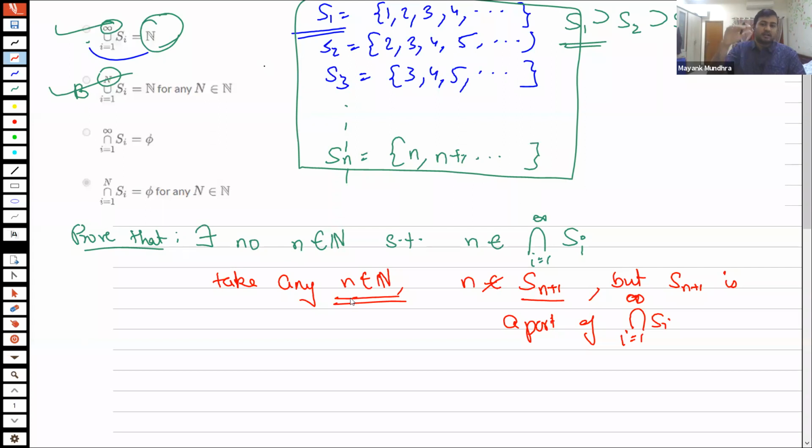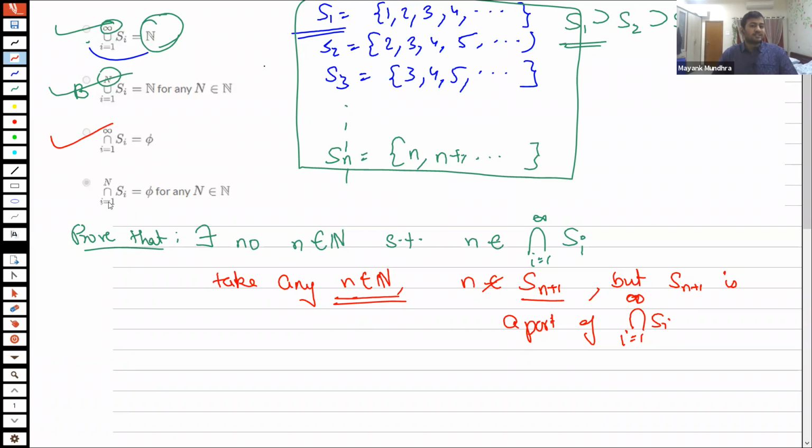So I'll say that from the 1 million and one-th set onwards, the sets won't contain the number n. So the intersection will not contain 1 million. Similarly, the same argument holds for 1 billion or any number larger than that. So the basic idea is that the intersection set is going to be a null set because there is no number which is contained in every set. So this thing is true.